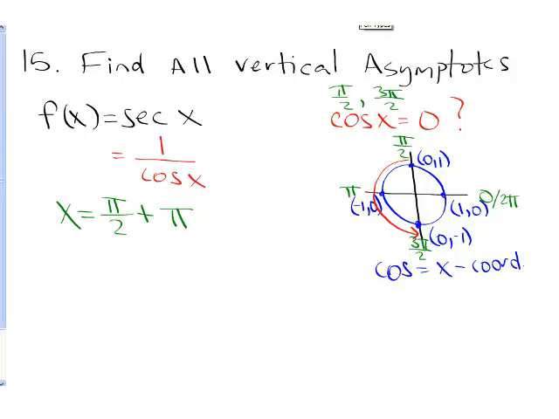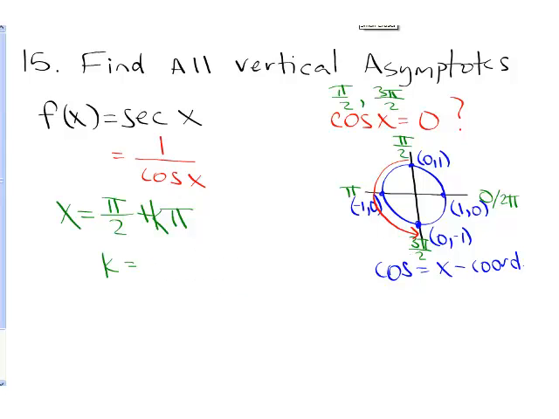So 1 pi unit. But then I can go 2 pi and I'm back to where I started, but that's a different radian, because it goes around and around. So what we would say is pi over 2 plus k pi, where k is equal to any integer.